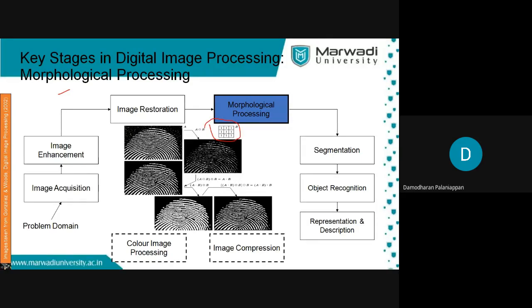In a matrix, we can perform the operations of addition, subtraction, multiplication, and division. Other than that, we can do operations like AND, OR, or NOT while performing image processing. That we call morphological processing.